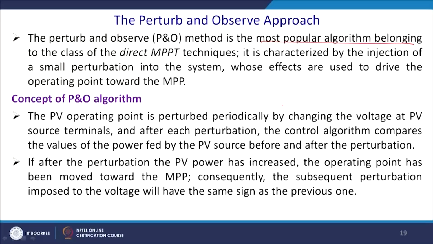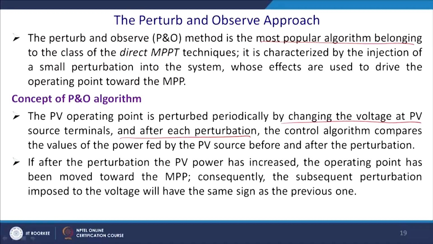Otherwise, you track in reverse. So, the PV operating point is perturbed periodically by changing the voltage at the PV source terminals, and after each perturbation the control algorithm compares the values of the power fed by the PV source before and after the perturbation.